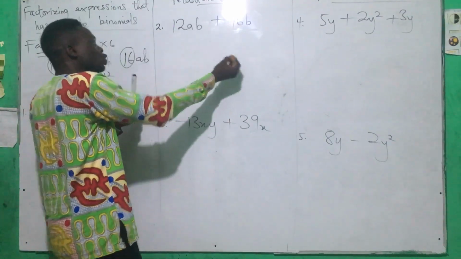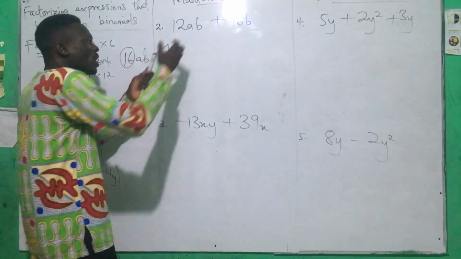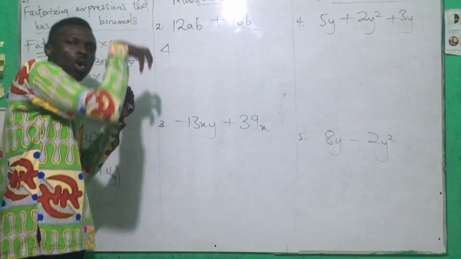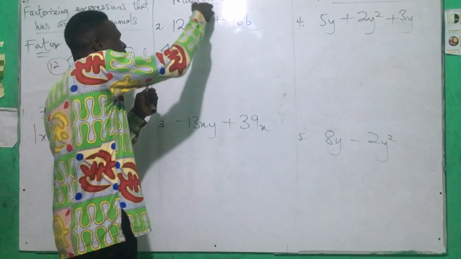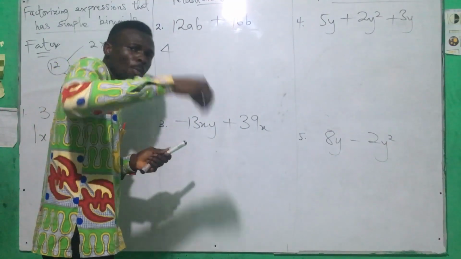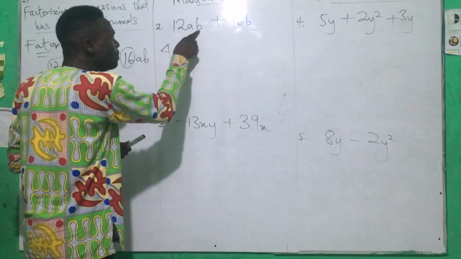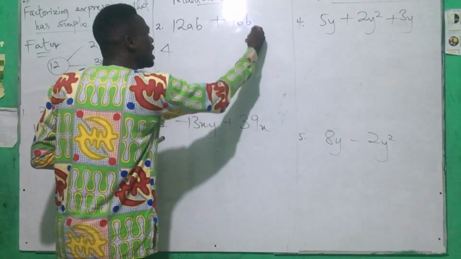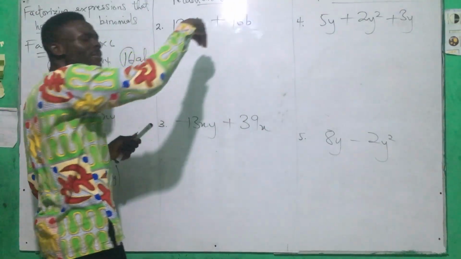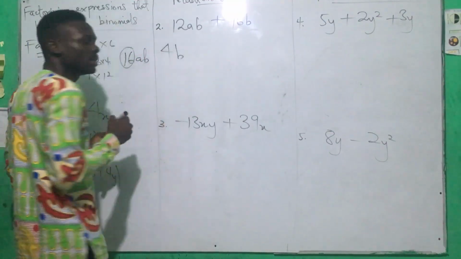So that 4 should be factored out. When you finish factorizing the whole numbers, with the variables we factorize by bringing the common terms out. If you look at this term, you have ab, and in this term, you have b. The common variable in each should be brought out, which is b.